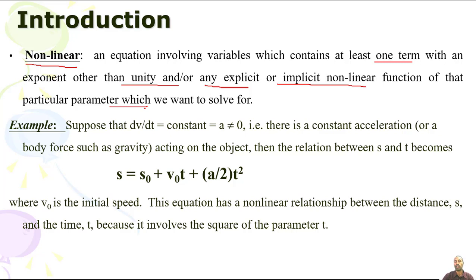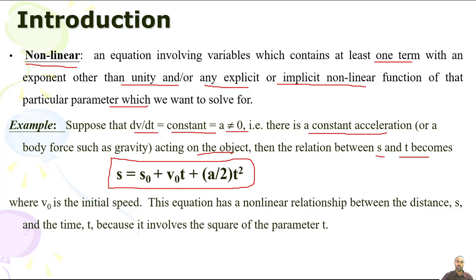And as an example, suppose that dv by dt, which is acceleration, is constant, which means different from 0, there is a constant acceleration or a body force such as gravity acting on objects. Then the relation between distance s and time t becomes this equation, for any object which is moving with constant acceleration. So s equals s naught plus v naught t plus half a t squared, where v naught is the initial speed.